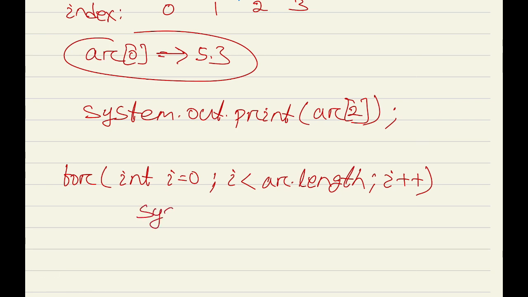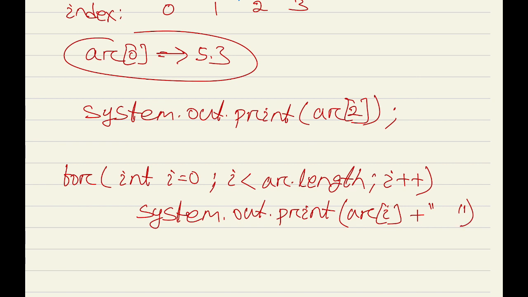Then we can write inside the loop system dot out dot print AR of I, then plus some space. This space we are writing here to differentiate between two elements, or to put some space while it prints the elements.